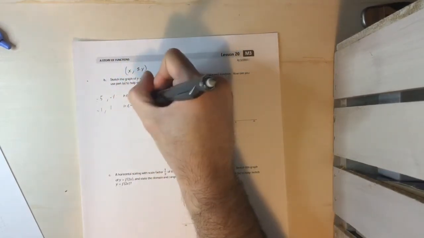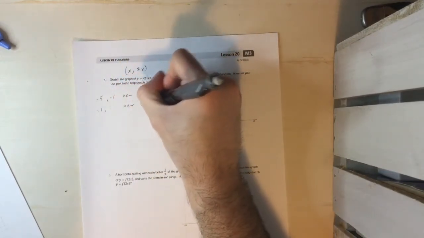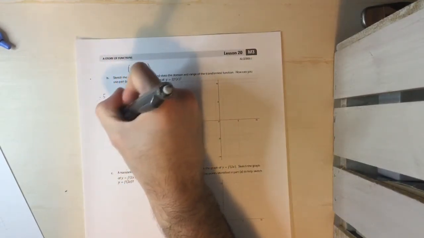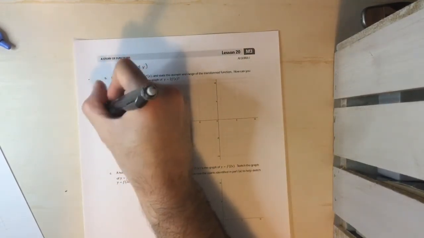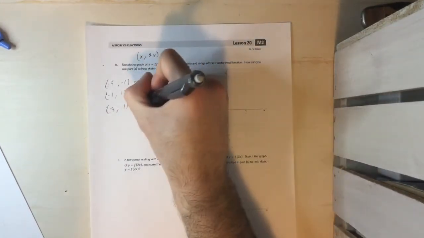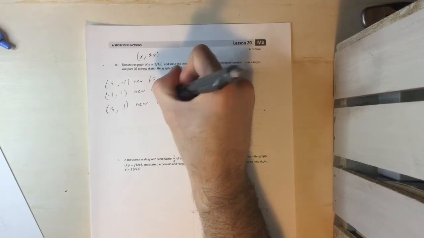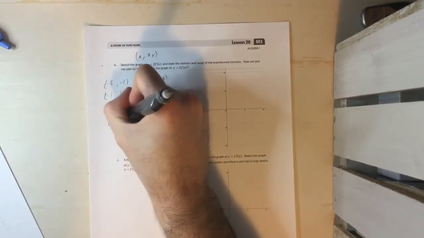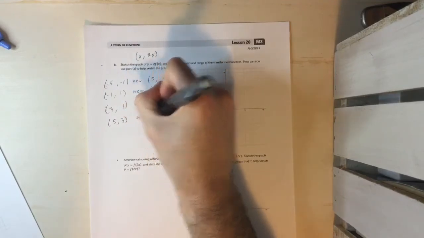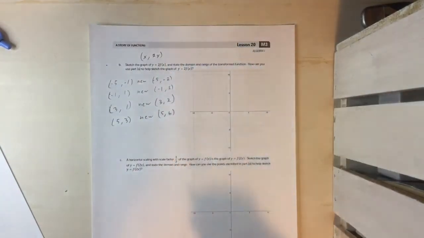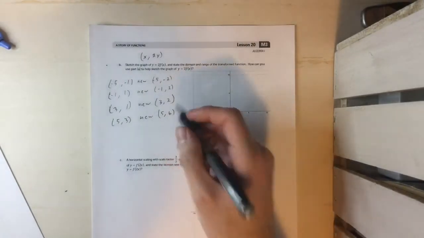The new would be -1, 2. If we had 3, 1, the new would be 3, 2. Then for the next one, we have 5, 3. The new would be 5, 6. So all we did was multiply our y value by 2.